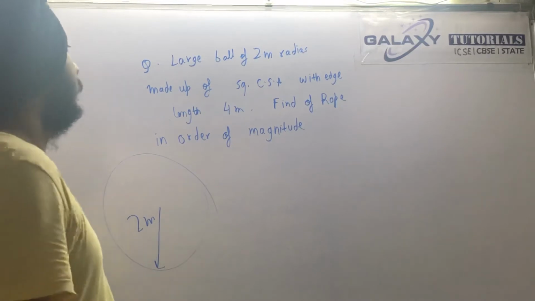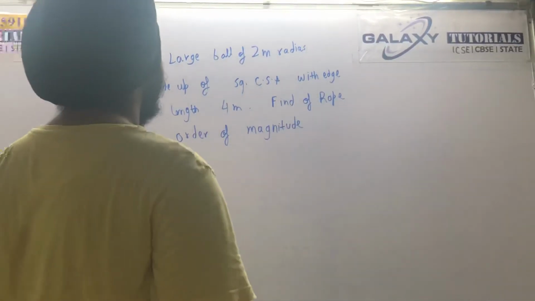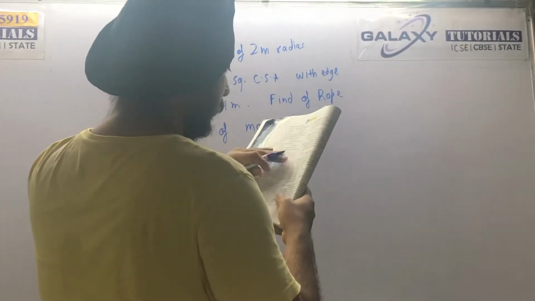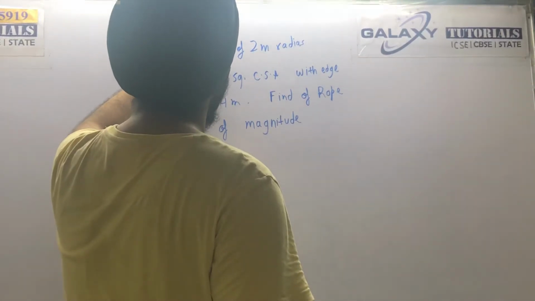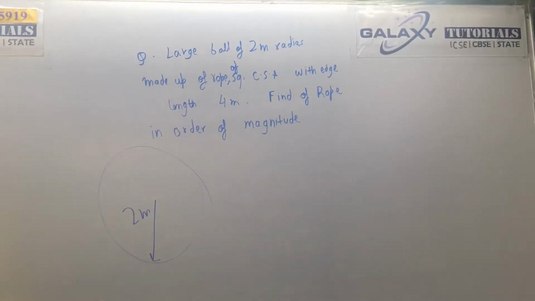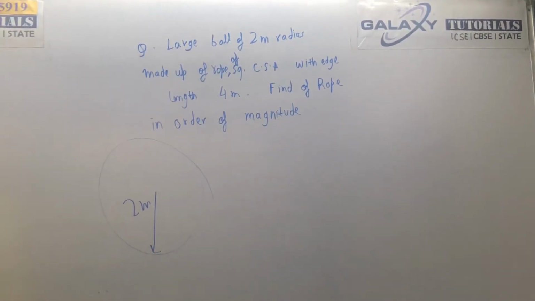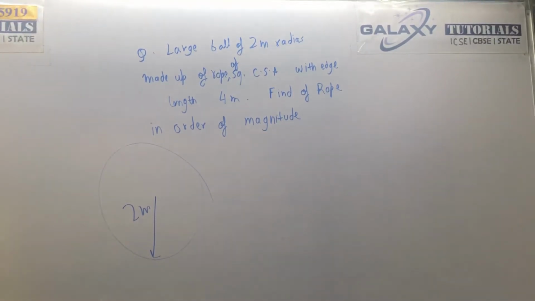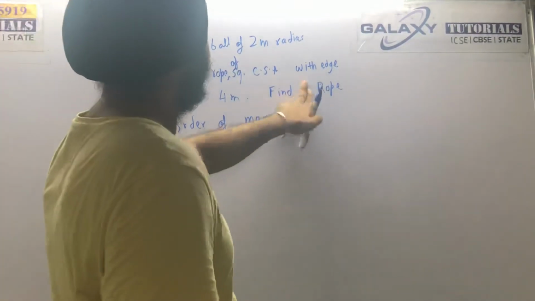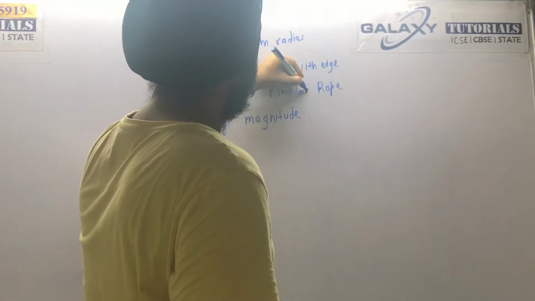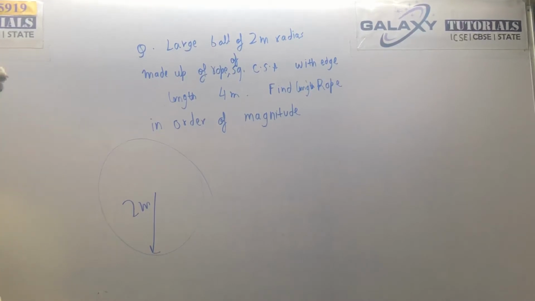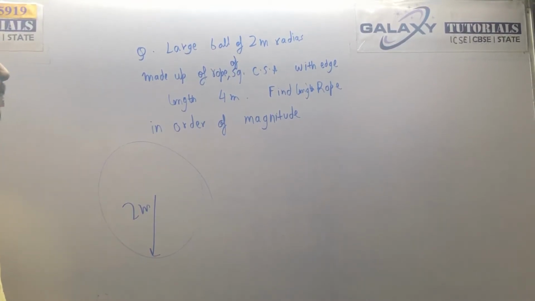It is made up of a rope of square cross-sectional area, with an edge length of 4 mm. We have to find the length of the rope in order of magnitude.